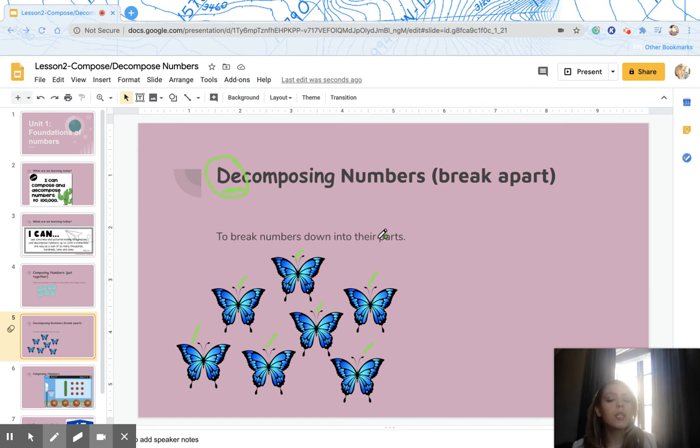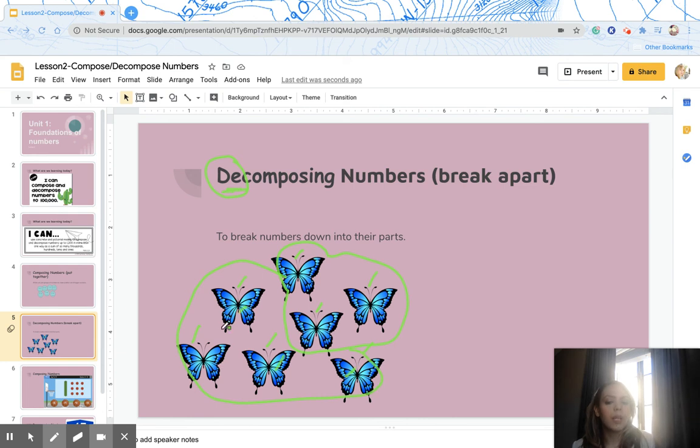Now, how can we decompose this group of 7 butterflies? We have so many different ways to break apart this number. We can have a group of 3 and a group of 4 butterflies.